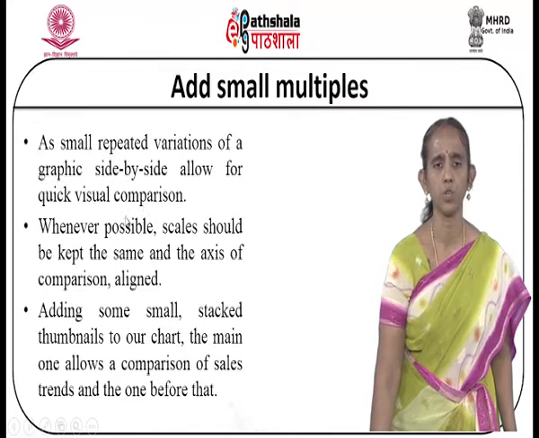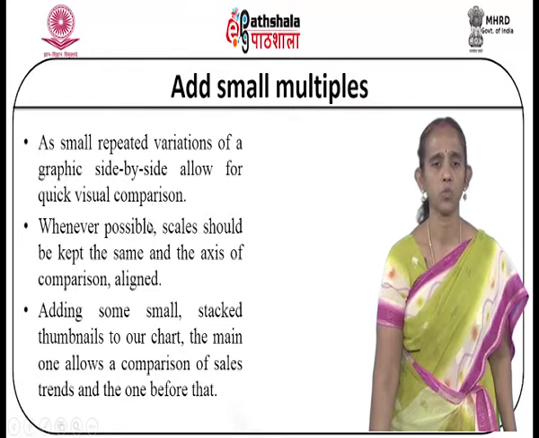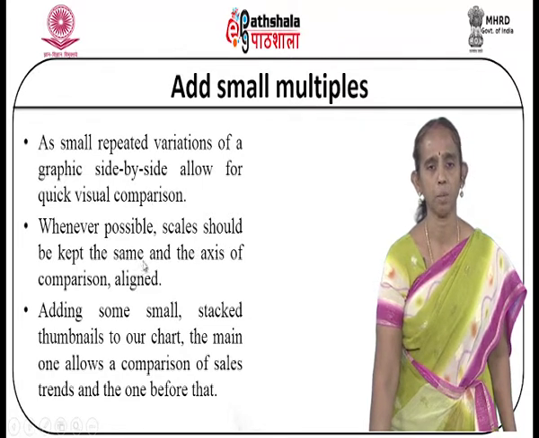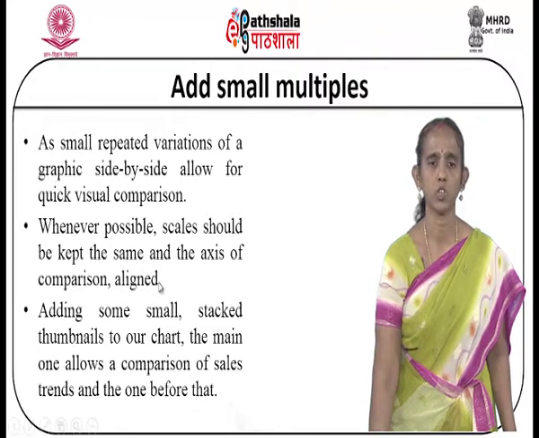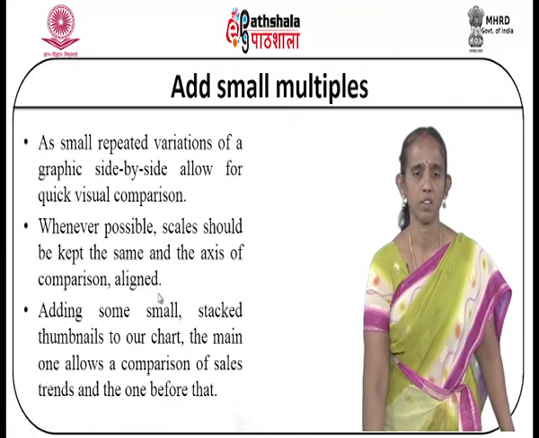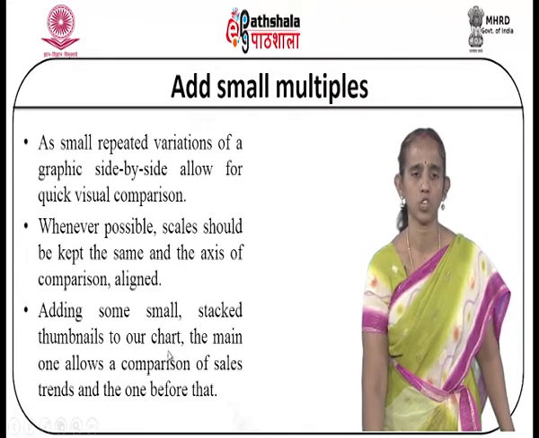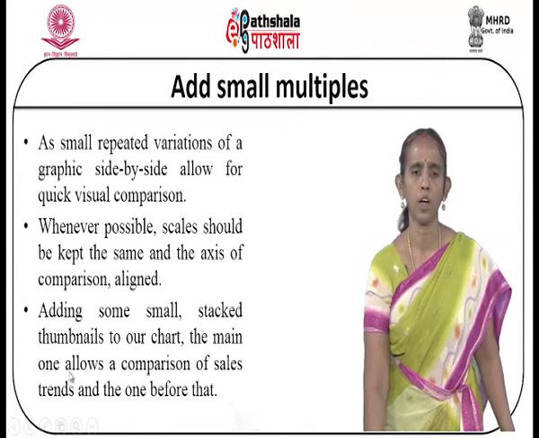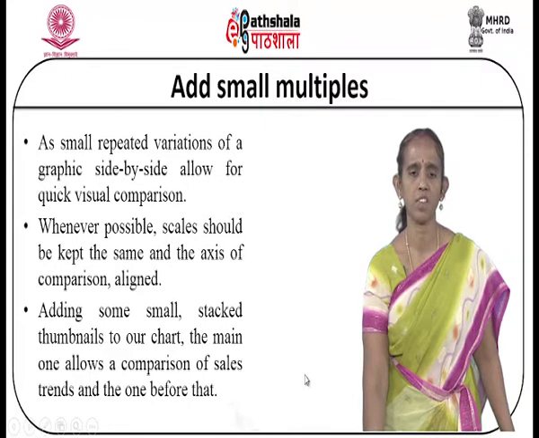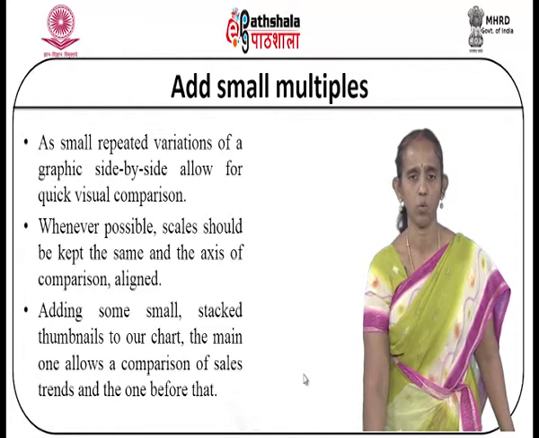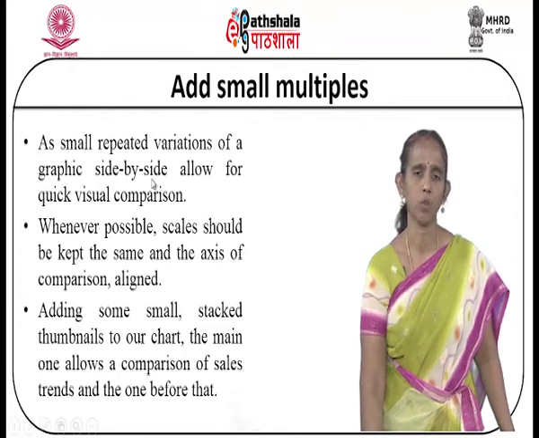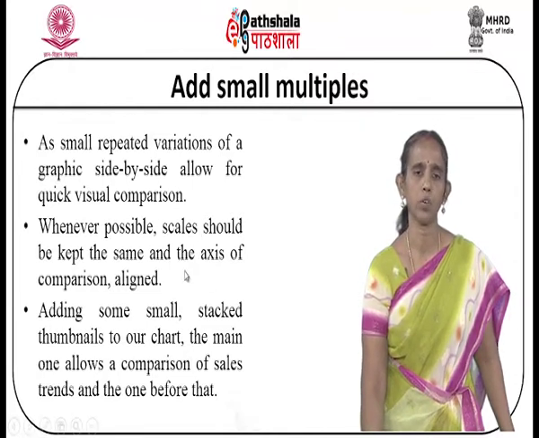So in the case of visual comparison, we need to see to it that the scales are kept the same in both the figures, and the axes of comparison are aligned to each other. Adding some small or stacked thumbnails to the chart or to the main one allows a comparison of sales trends for the one that existed previously and for the one that exists now. Like that we can also add certain multiples and try to compare them with the existing values.